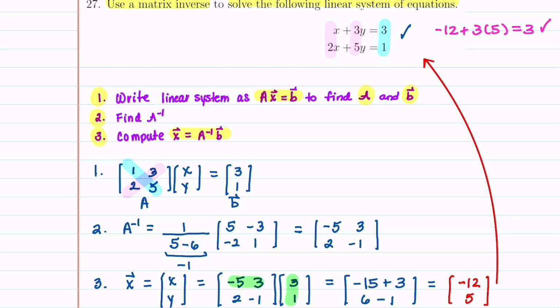So that's right. And then for our second one, we have 2 times minus 12 plus 5 times 5. So that's going to be a minus 24 plus 25, which is 1. And that's what our right-hand side is equal to. So we know that we have the correct solution.